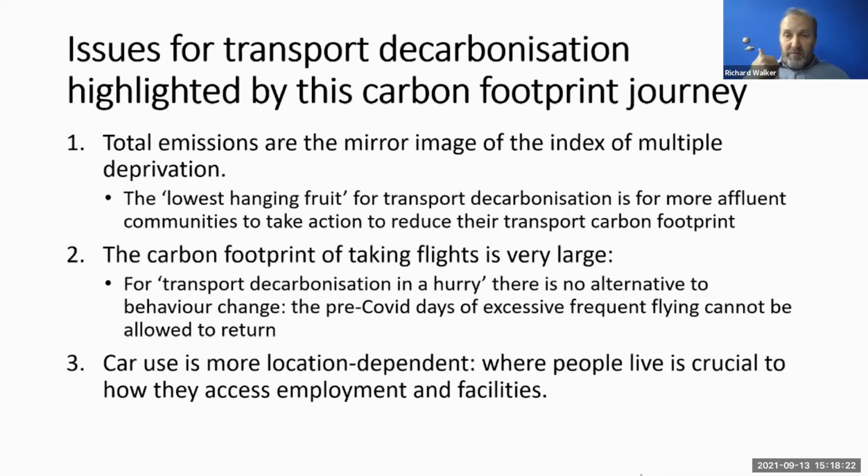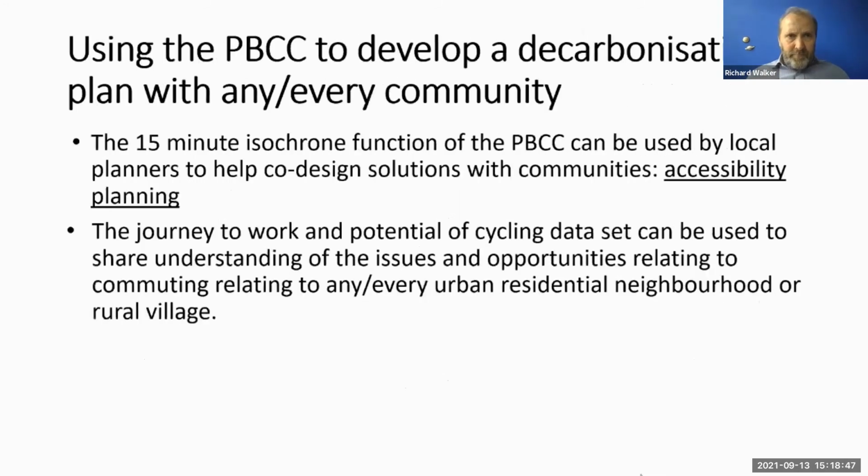These tend to be people who can afford to do so. The second thing that really jumped out at me was that the carbon footprint of taking flights is very large. If we're serious about decarbonisation in a hurry, we're going to have to look at that in terms of behaviour change. The third one, which is to do with what we're going to do in this workshop, is that car use is location dependent. Where people live is crucial to how they access their jobs and the things they need.